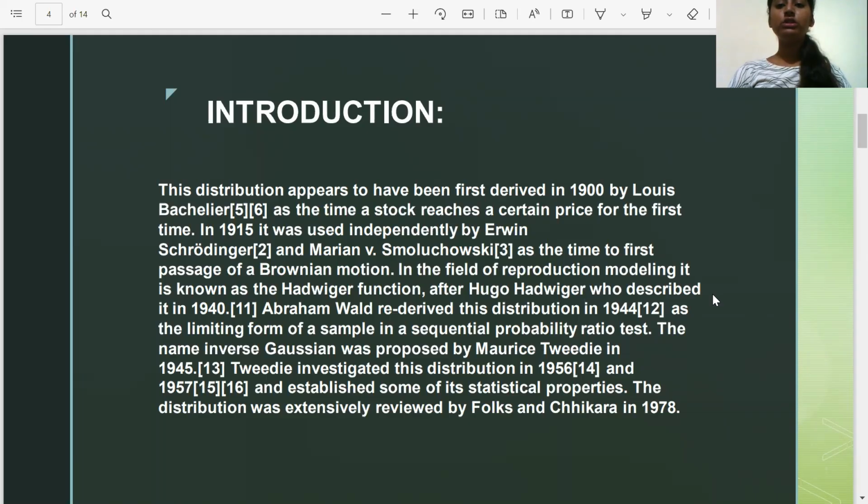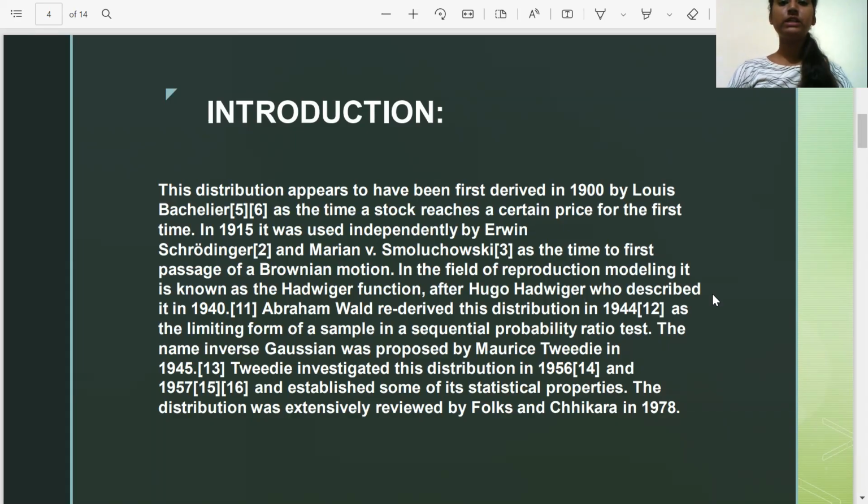After Hugo Gardner, who described it in 1940, Abraham Wald re-derived this description in 1944 as the limiting form of a sample in a sequential probability ratio test. The name inverse Gaussian was proposed by Maurice Tweedie in 1945.